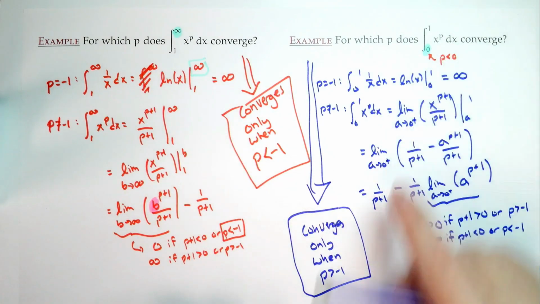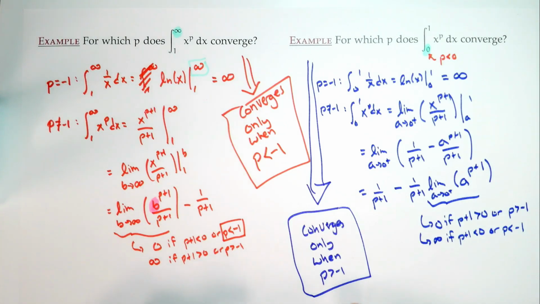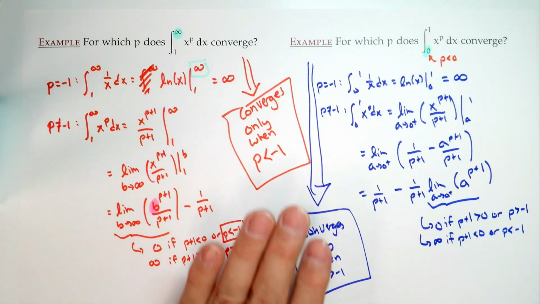If you're going from 0 to 1, you want the exponent to be above -1. And in both cases, -1 is that dividing line. We're going to see that that has really interesting behavior later on. So this is actually going to be important. We're going to use this in the third half of the course when we talk about when things converge and diverge. So all right, now we know about those integrals.